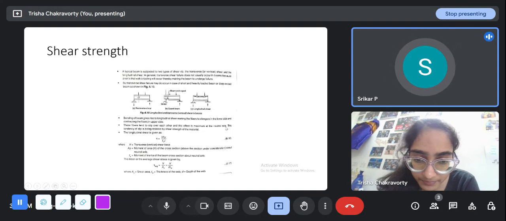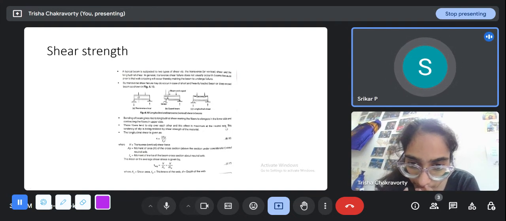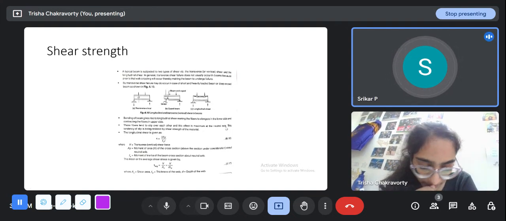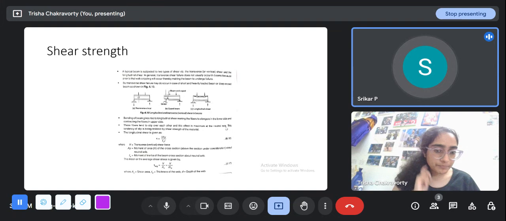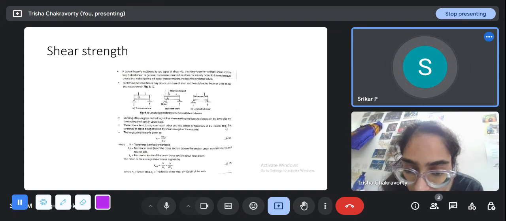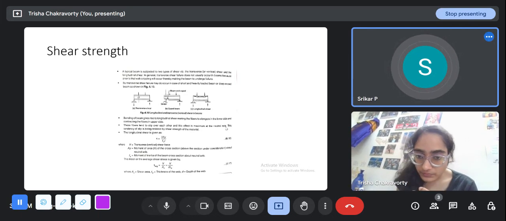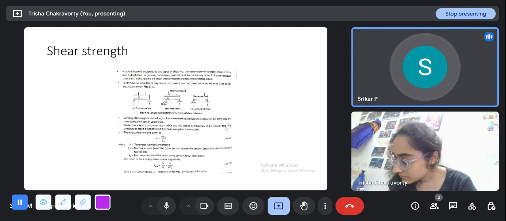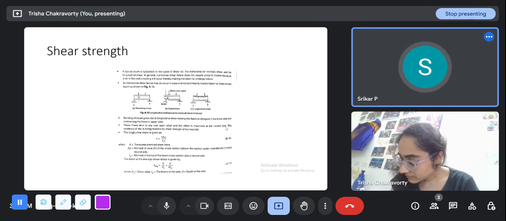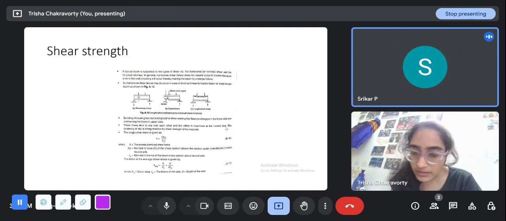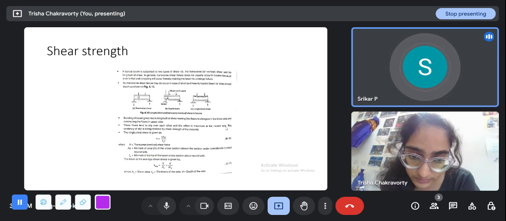Actually, I'm raising this point because even in Sir's lecture, this longitudinal shear is not mentioned. Only the design for vertical shear, okay. So is this necessary, or is this like a check?